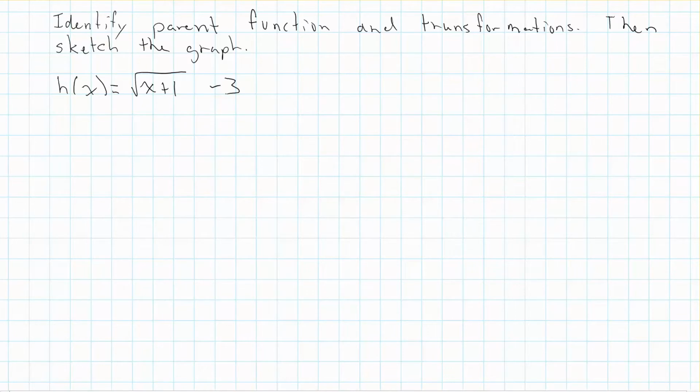Now, identifying the parent function, well, we know the parent function here is just square root of x. And then, well, I've got a plus 1 inside the square root, so that's happening before I do the parent function. So that is a horizontal transformation then.